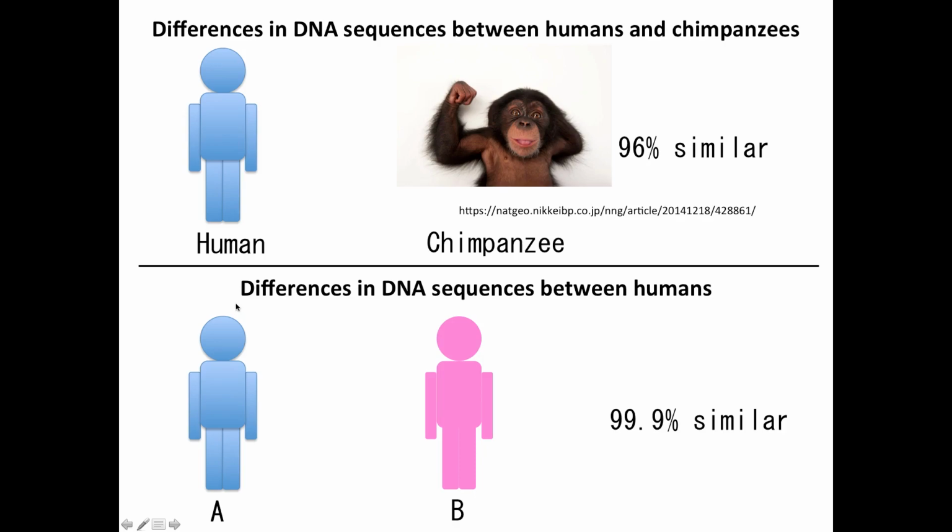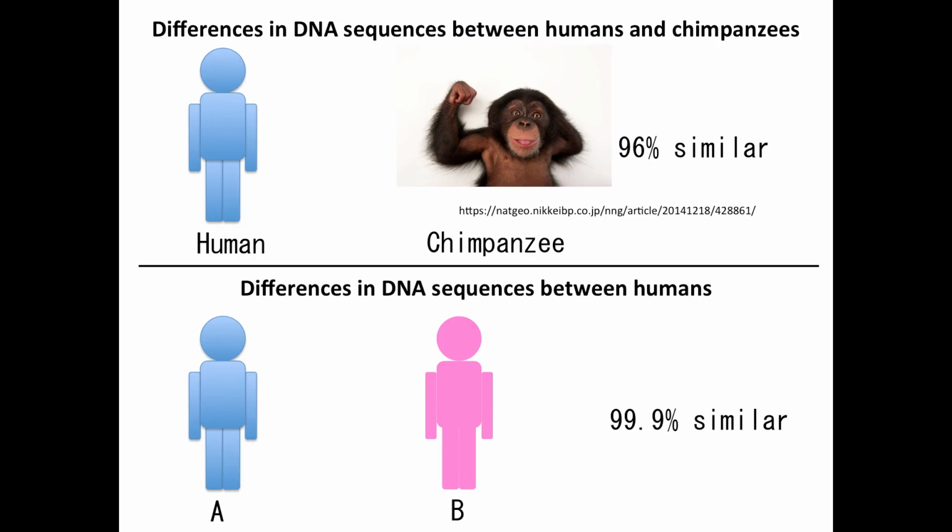But you know that humans have a lot of different characters, and there is quite a difference between each person. But the difference in the DNA sequence between humans is 99.9% similar. It means that 0.1% of the DNA sequence is different between humans. Almost the same, but a little bit different.